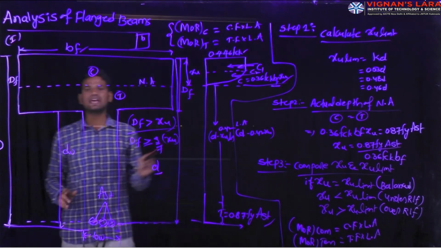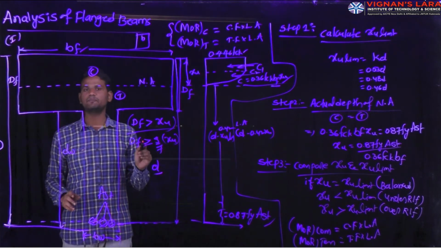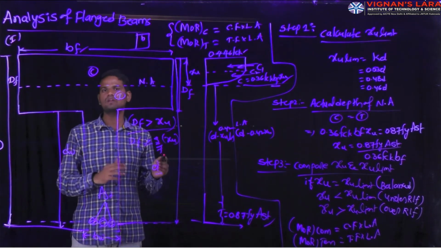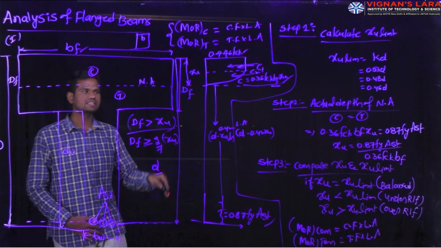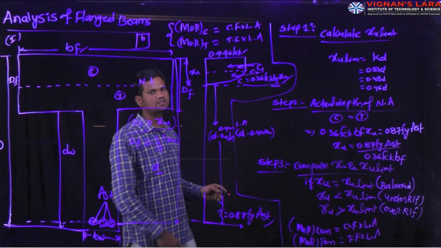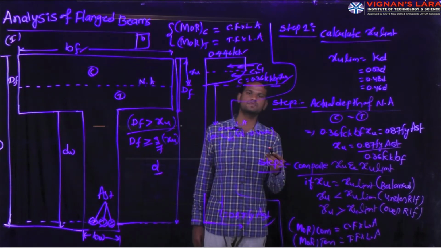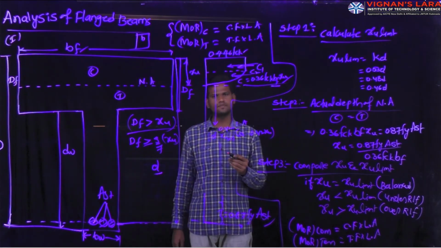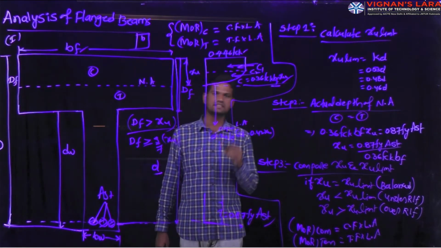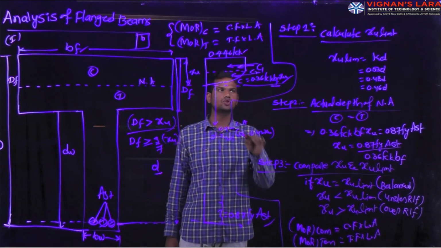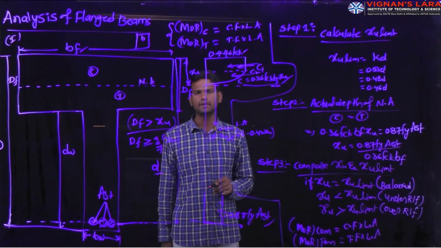How to analyze or solve the expected problems, you will see here. This is the step by step procedure. We have already discussed the different expected steps for the singly reinforced beam and doubly reinforced beam, and the same thing we are repeating for the T beam also.